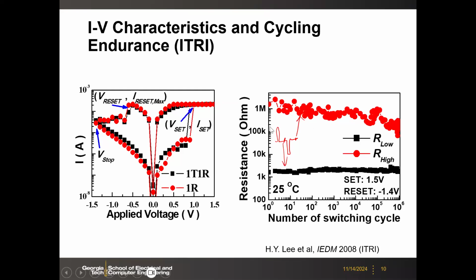So here you see the on-off ratio, more than 100, maintained over 1E6, 1 million cycles. Okay, so the endurance is good, at least 1E6 cycles.